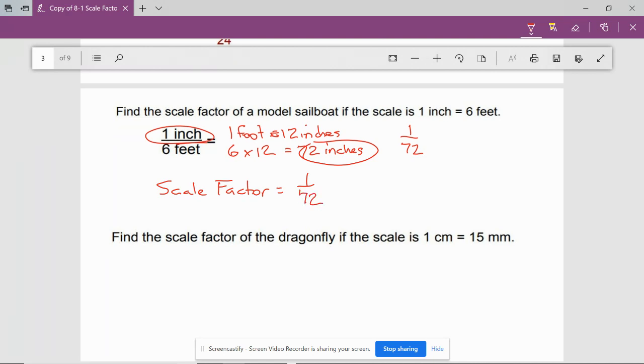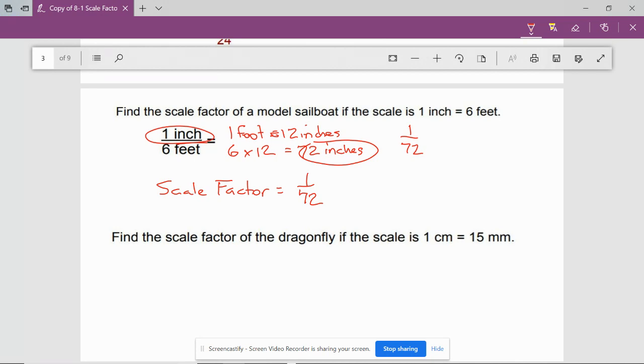So that's what we're talking about: 1 inch is equal to 72 inches. Instead of 6 feet, we're using 72 inches. That makes it accurate. It makes our unit of measure the same, which in some respects is going to make some things easier.